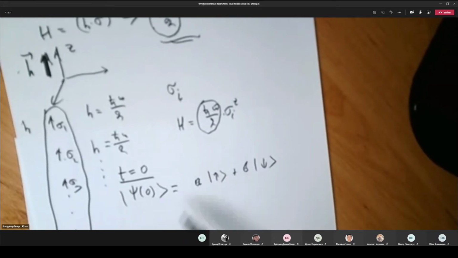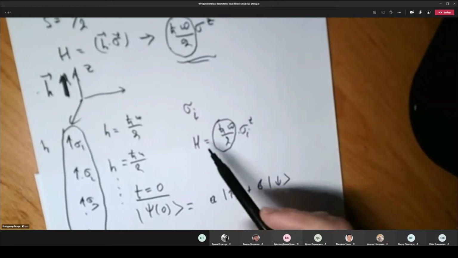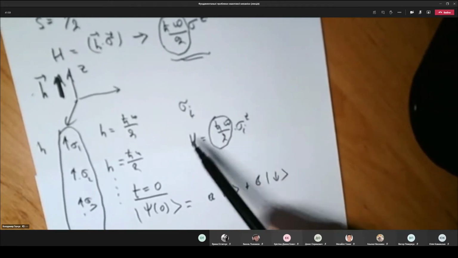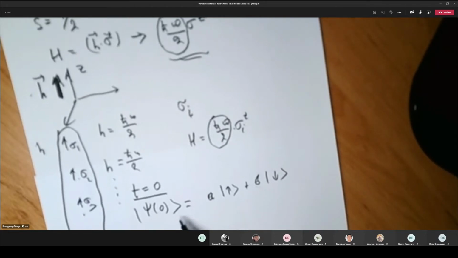Then let us consider the evolution of this state. In order to get the evolution, we must apply the evolution operator to this state.